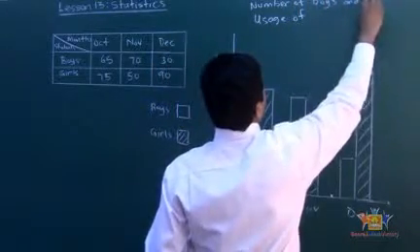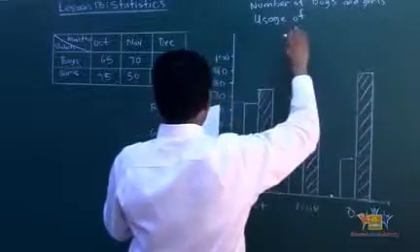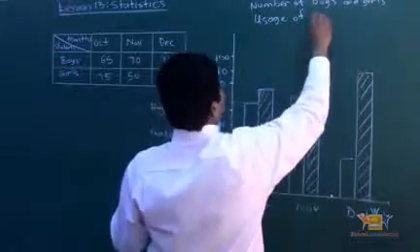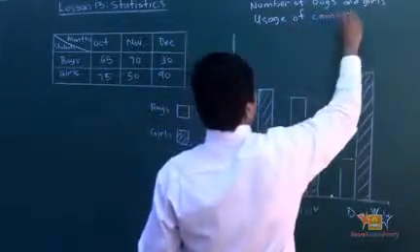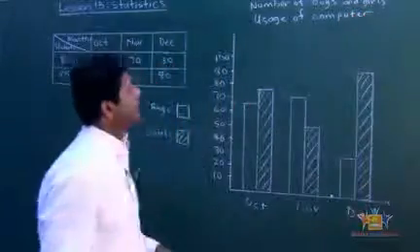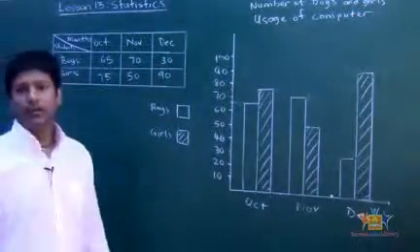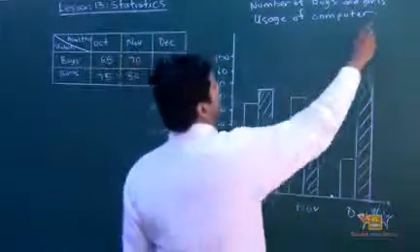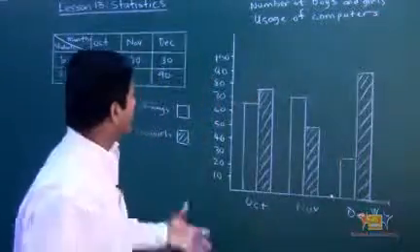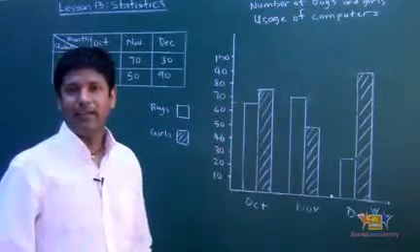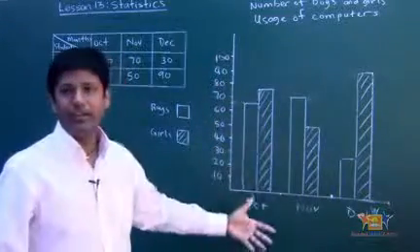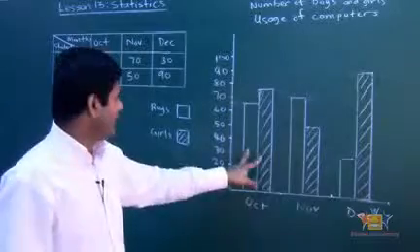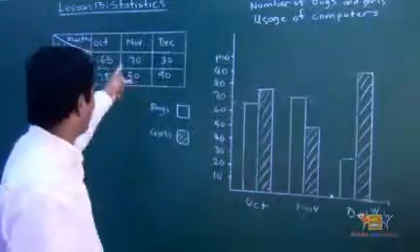Okay, number of boys and girls, usage of computers. There you go. All right, there we go. So right there we constructed a vertical bar chart with a dual data.